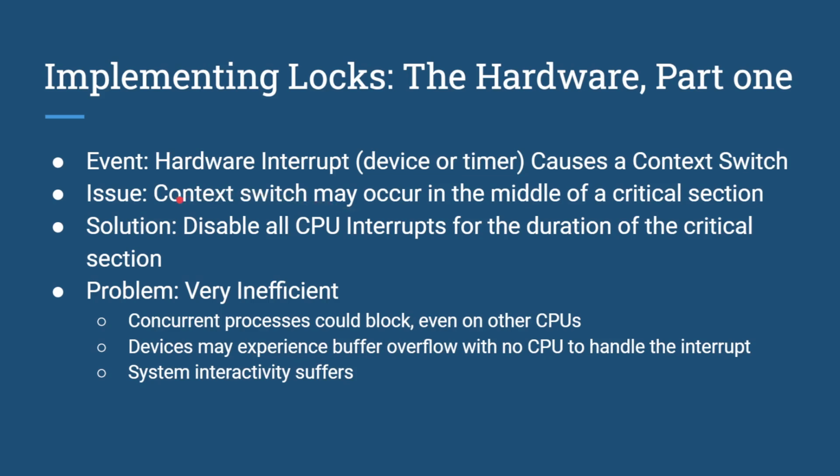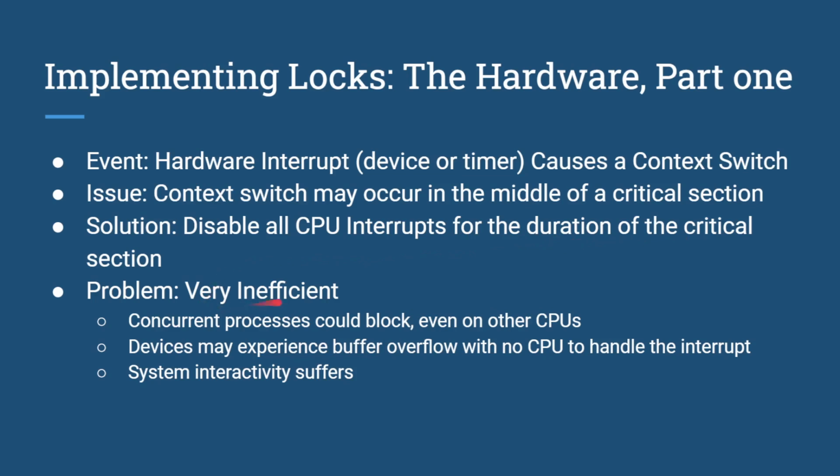And so if a thread that is in the middle of a critical section is interrupted, that is less efficient. And we have to wait for the new context-switched thread to finish before we can go back to processing the critical section. So one way to solve this problem is just to disable all CPU interrupts for the duration of the critical section.